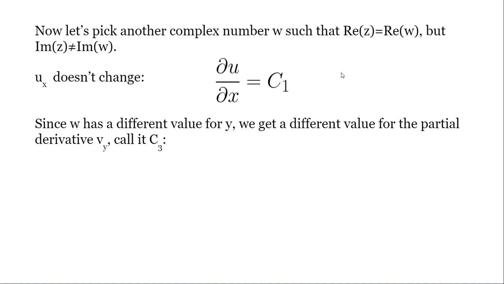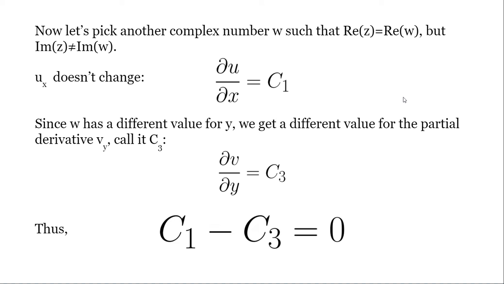But since w has a different imaginary part, we get a different value when we plug this into the partial derivative with respect to y of v. And since we assume this to be a different number, we'll call this c3. And since the Cauchy-Riemann equation is satisfied, we get that c1 minus c3 equals 0 once again.